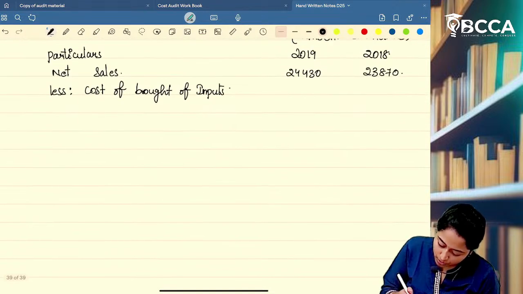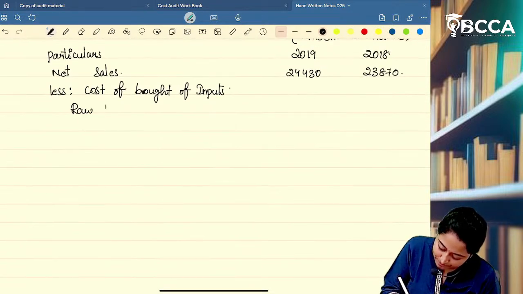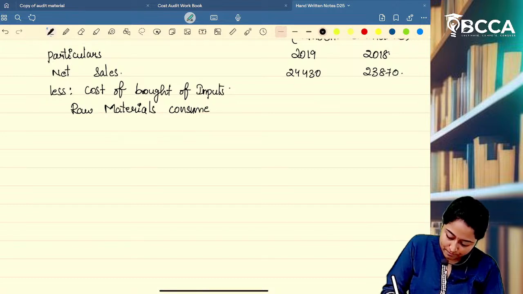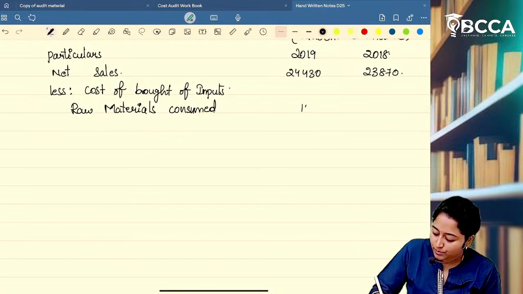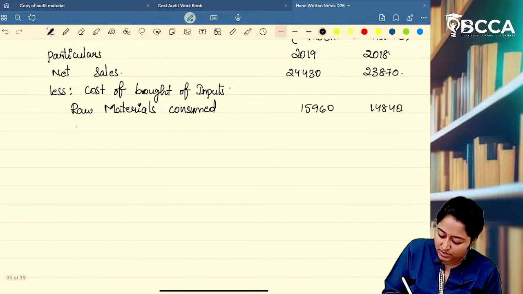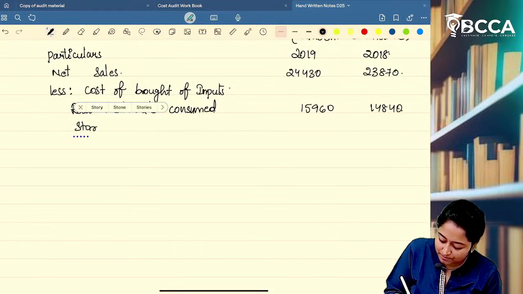Now, what all will we take? Raw materials. How much is raw materials consumed? 1.5. Next, stores and spares.